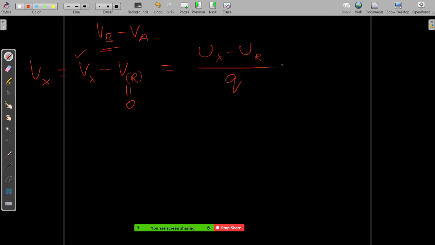Now the thing is, the reference point is basically written as 0. Again you can write it something like this.